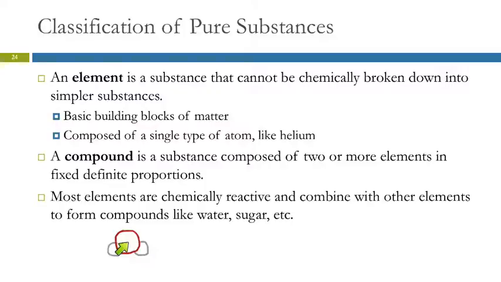So there's always one oxygen atom, two hydrogen atoms. All water molecules are the same. And you can decompose it into oxygen and hydrogen. So it's a compound, it's not an element. Any questions?